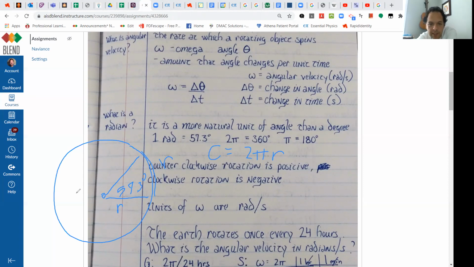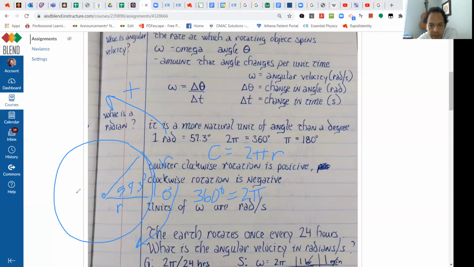Counterclockwise rotation is positive, clockwise rotation is negative. So if we go clockwise, this way is negative, and this way is positive, right? And so if we start here at 0 degrees, and if you go 360 degrees, this is equal to 2 pi.